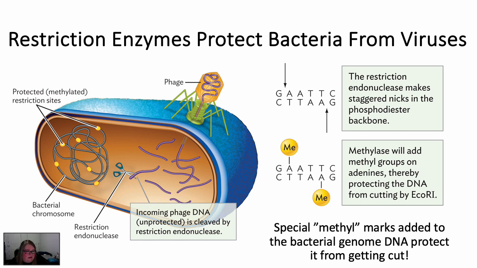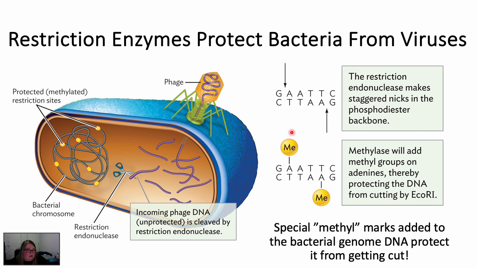There are other enzymes that are going to protect the places where the restriction enzyme can cut. Remember it uses palindromes. So this is what we have. We have GAATTC this way and GAATTC done this way. The endonuclease is going to cut both these places and cut this into pieces.